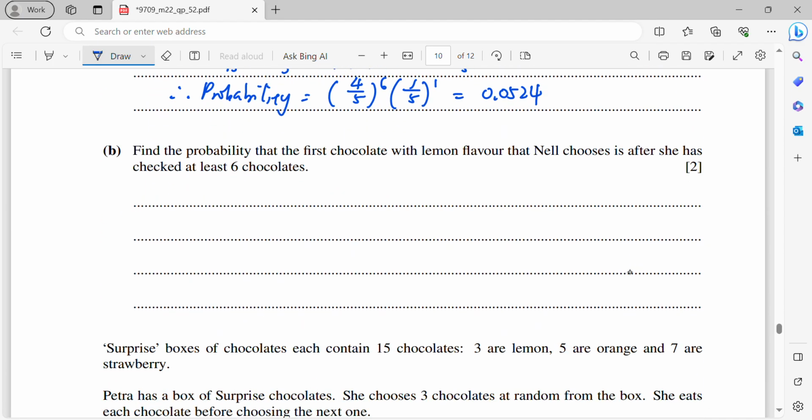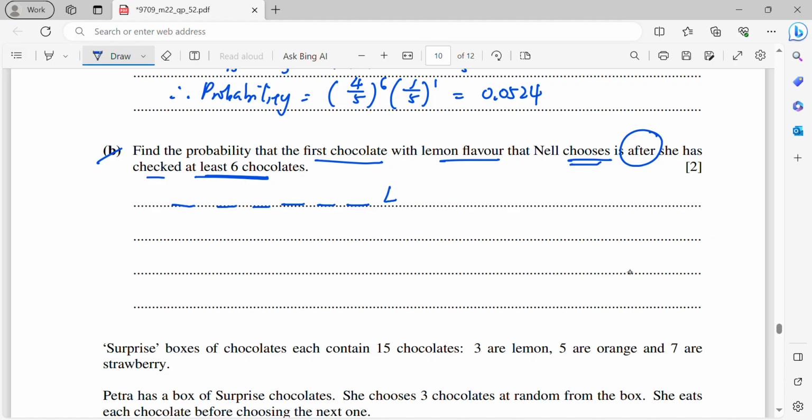Now, part B. Find the probability that the first chocolate with lemon flavor that Neil chooses is after she has checked at least 6 chocolates. Okay, so here 1, 2, 3, 4, 5, 6. After she has checked at least 6 chocolates, then only does she get the lemon flavor chocolate.